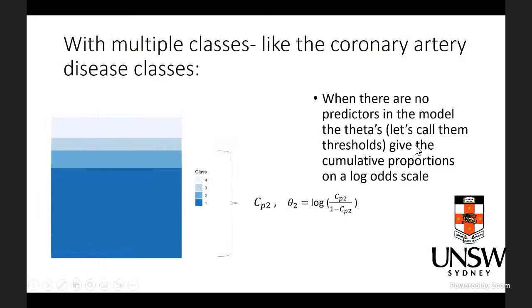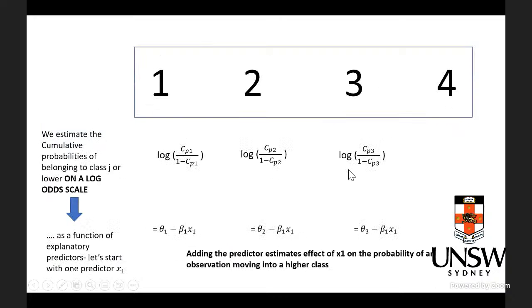So they give the cumulative proportions on the log odds scale. But by adding in these predictors, what we're doing is estimating the effect of x1 on the probability of an observation moving into a higher class. I'm going to illustrate that on the data in a minute.